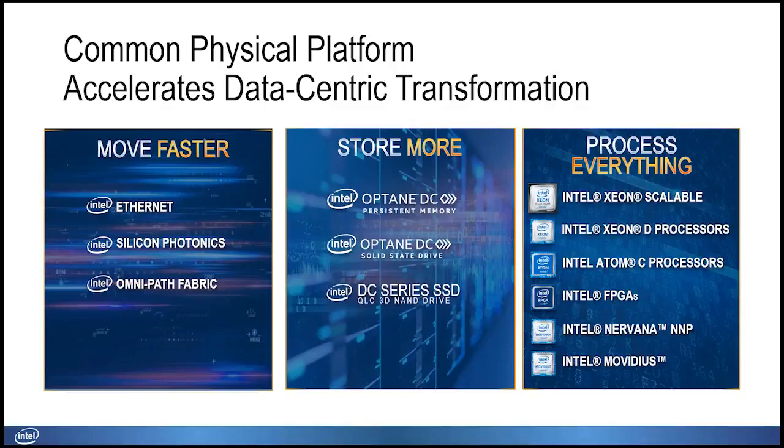I want to make sure that I can move the data if I need to, I can store the data effectively, and I can process everything, whether it's our Xeon processors at the high end or doing inference or AI on the edge at very low wattage. I have a full stack of physical hardware that's available.